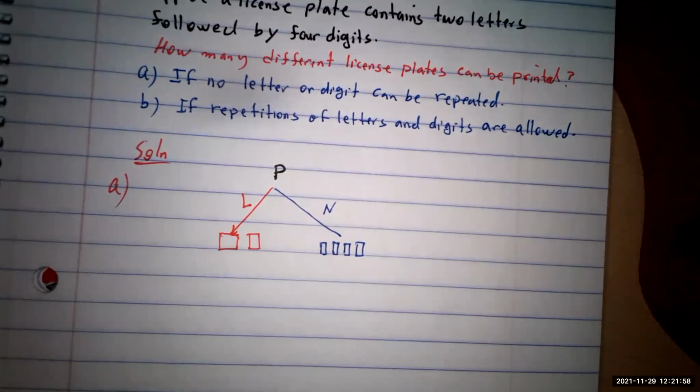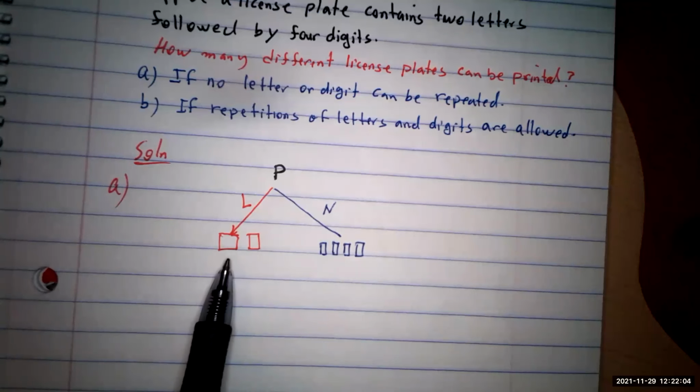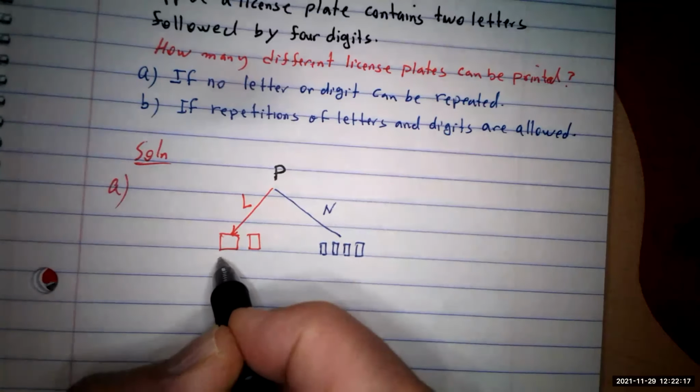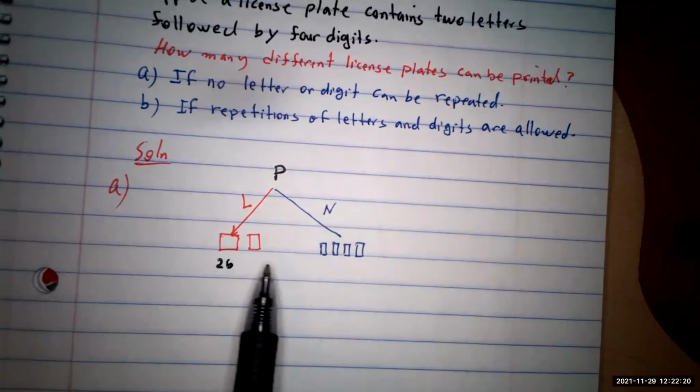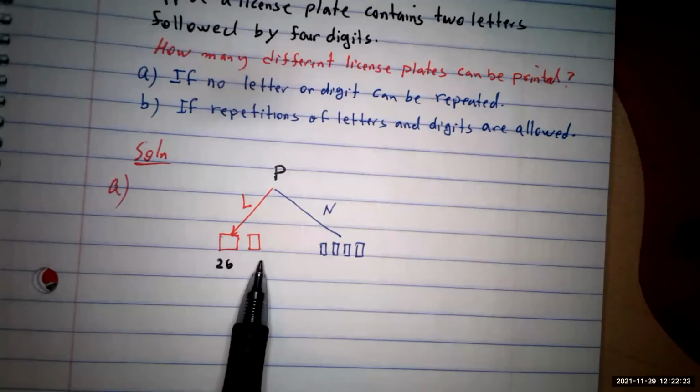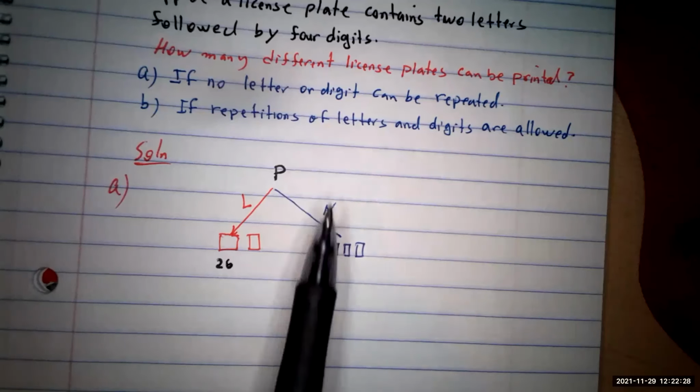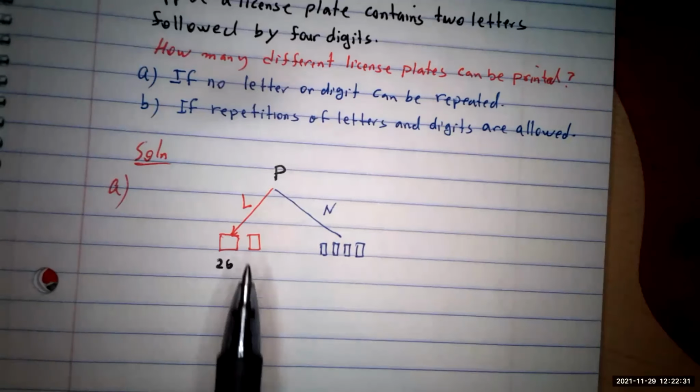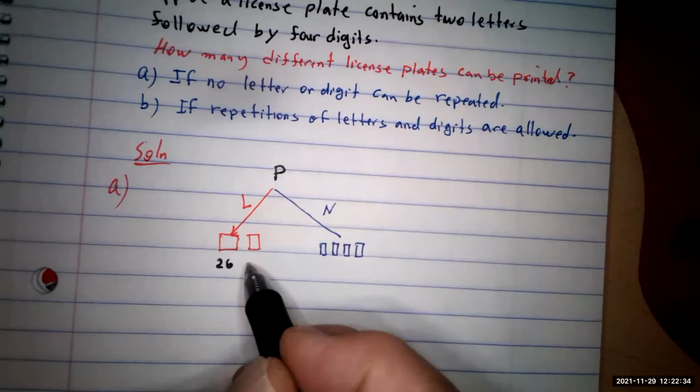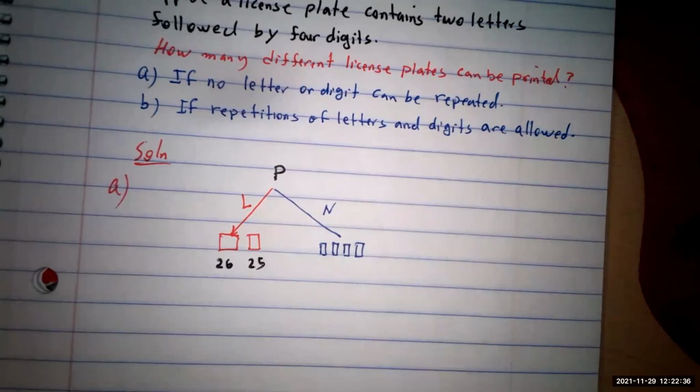Remember, no repetition is going to be allowed. So we go for the letters here. For the first one, you have 26 letters of the alphabet, so the possibility is 26. For the second one, how many choices do you have? 25, because the restriction is you cannot repeat the letter, so you already used 1. Yes, very good.